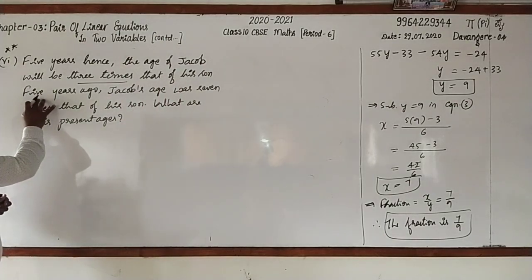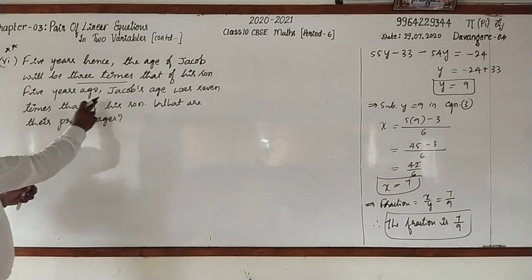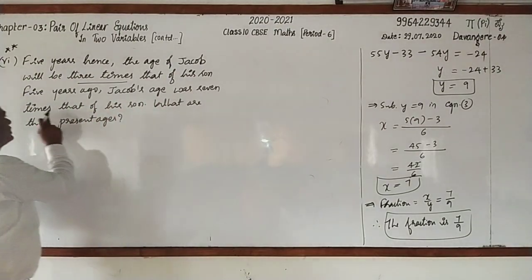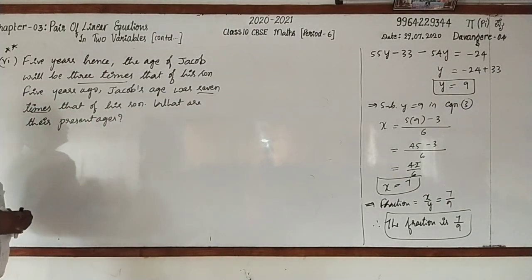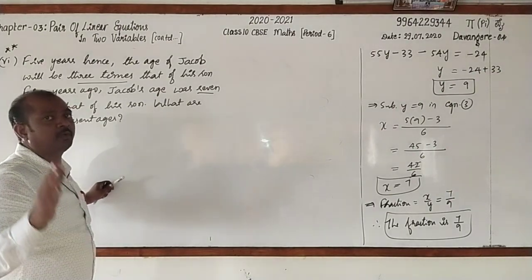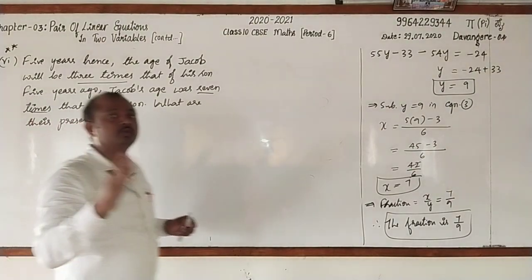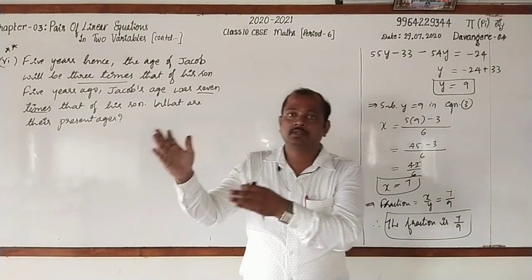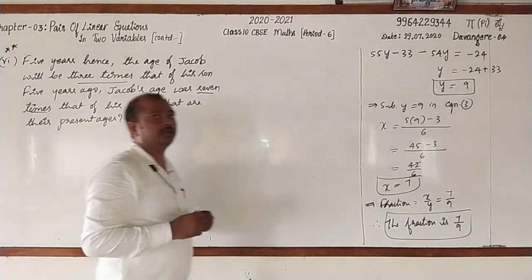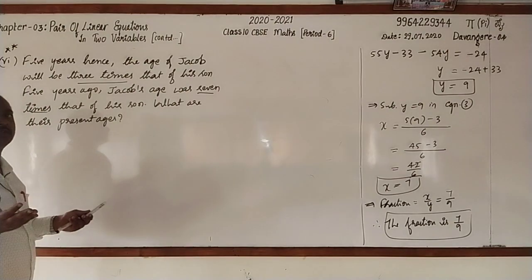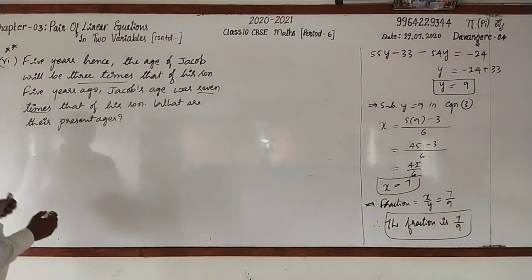Then next, 5 years ago, Jacob's age was 7 times that of his son. What are their present ages? Dear students, I have already taught you how to convert the verbal statement into a mathematical statement, particularly age related. There are 2 methods. You can go for any one.